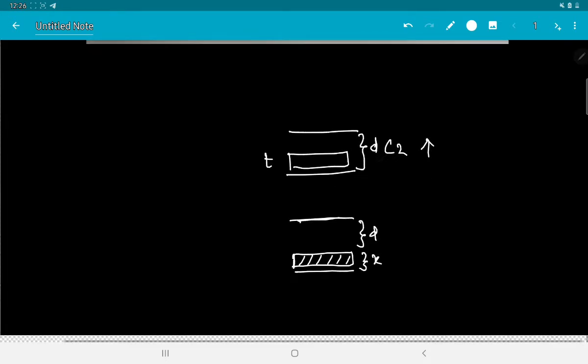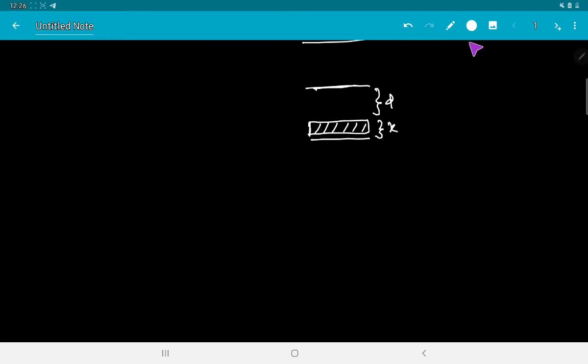Now the capacitance of C1 can be given as C1 is equal to A epsilon naught divided by D. This is the capacitance of C1, which is a variable capacitor. We had initially made this capacitance C1 equal to C2 when no dielectric was placed.